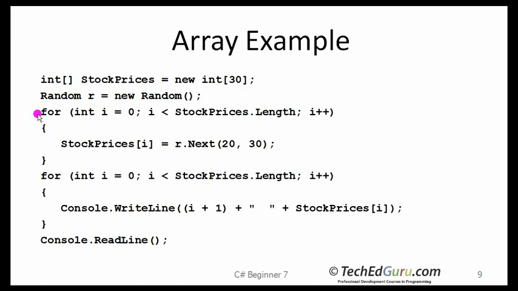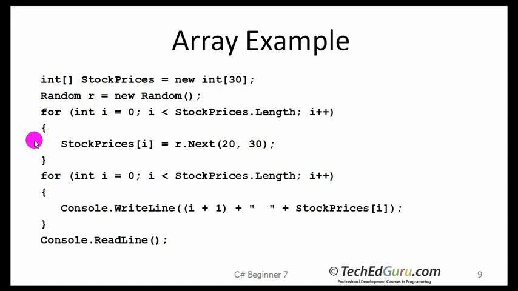And then I set up a for loop here, which goes from i equals 0 to i less than the length of that array. This is a good way of setting up a loop for looking at or dealing with all the elements of an array. This will make sure that you never go outside the bounds of an array: 0 through i less than stockPrices.Length.